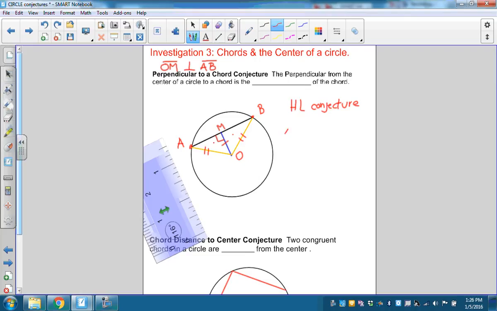So we know that triangle AMO is congruent to triangle BMO by the hypotenuse leg conjecture. And because of that, we know that AM is congruent to MB by corresponding parts.